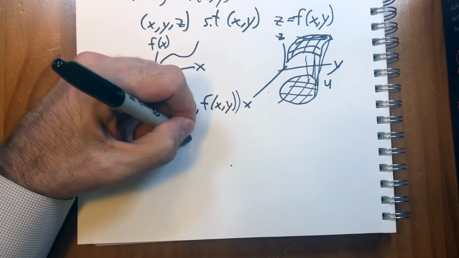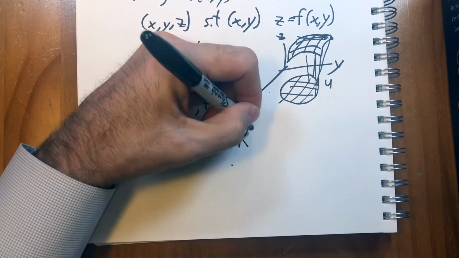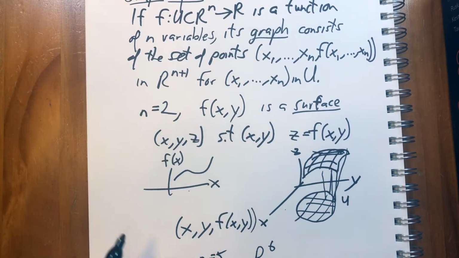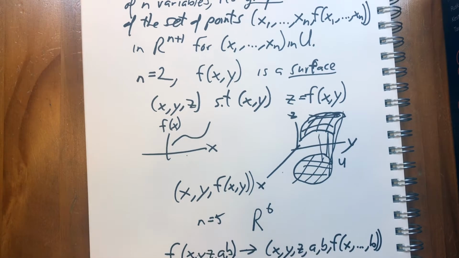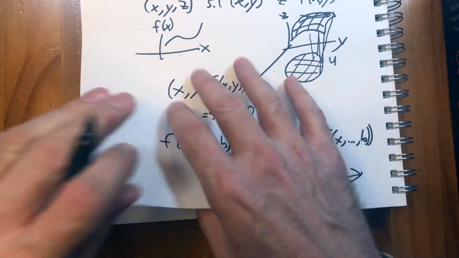Even if n equals 5, then the graph would still be a subset of R6. These surfaces exist in higher dimensions, but it's hard to picture anything bigger than 3 dimensions. So when we're learning multivariable calculus, we're going to stick with functions of 2 variables or functions of 3 variables. But remember that for a function of any number of variables, the graph does exist. It's a subset of the space that's 1 dimension bigger, okay?